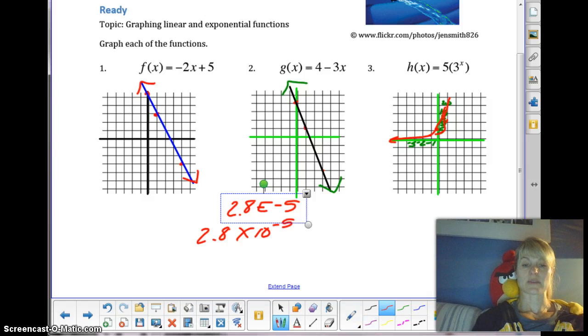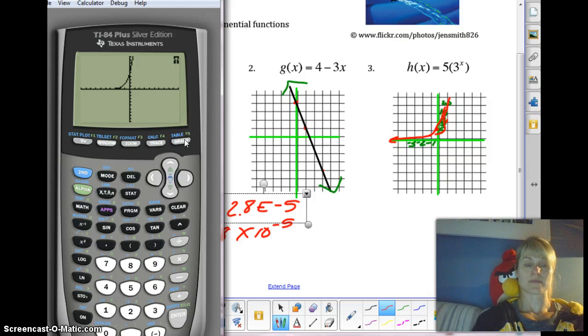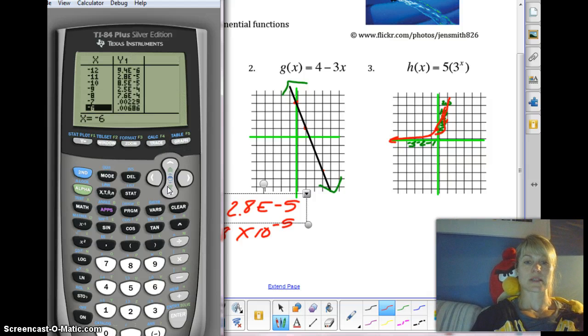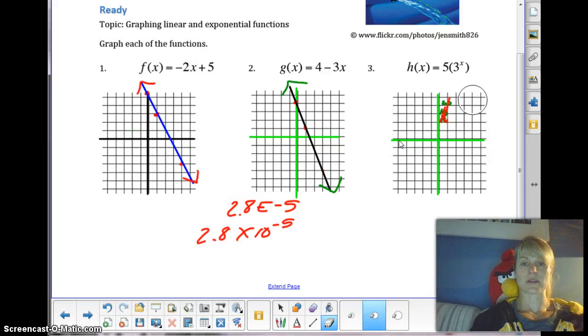So my video stopped on accident. I'm not quite sure where it stopped, but we went and grabbed this. Then we went to this one and put in the 5 times 3 to the x. And we went to our second table, and we looked at how our numbers are going up by 5, 15, 45. So we numbered this by 5s.